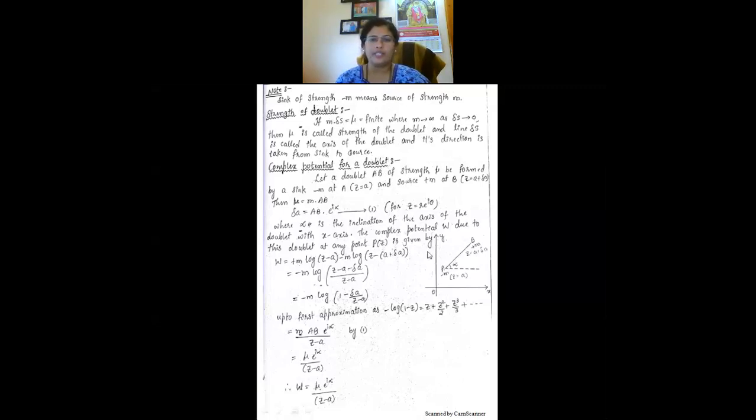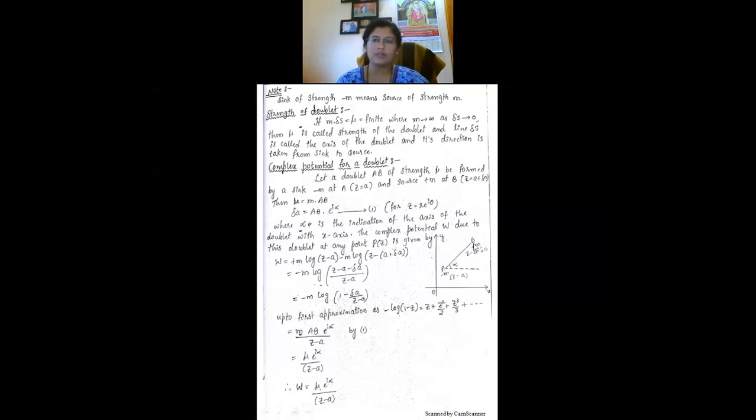Here in the diagram, we are taking an xy plane, that is a two-dimensional plane. One should be a point source and another a point sink.